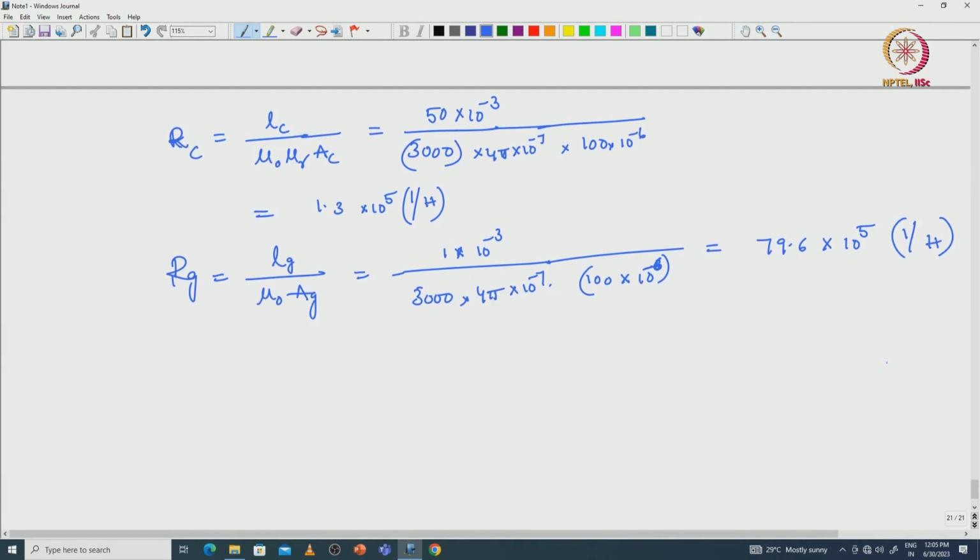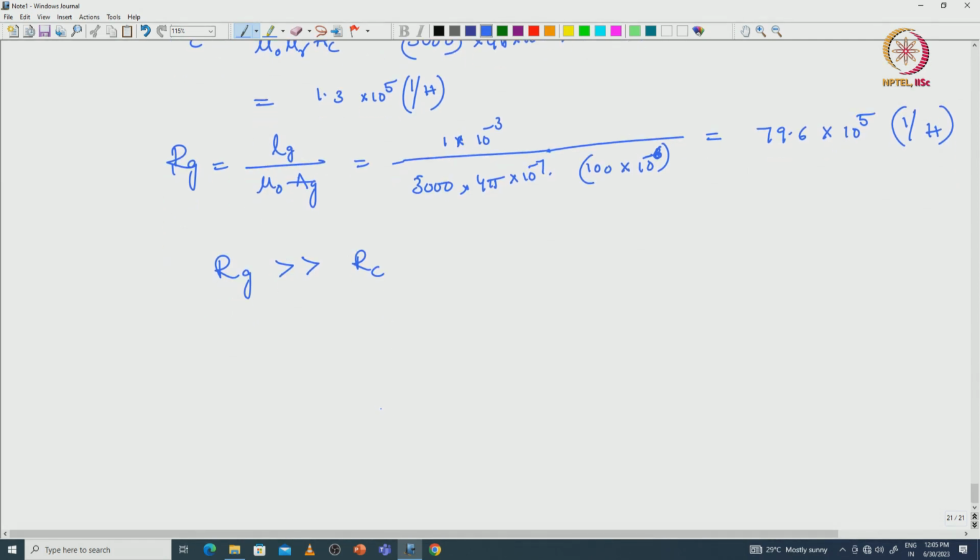From these two numbers we can see that the reluctance of the air gap is dominant as compared to the reluctance of the core. Because the reluctance of the air gap is 79.6 into 10 power 5 and the reluctance of the core is 1.3 into 10 power 5, these are the ratios. Since the reluctance of the air gap is greater than the reluctance of the core, the effective reluctance we can consider as Rg only, neglecting Rc.